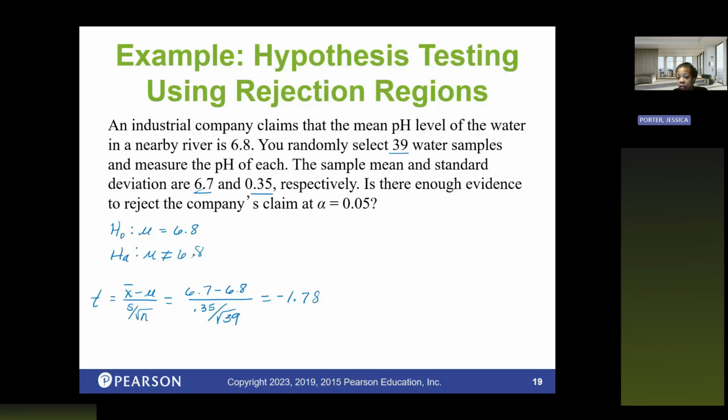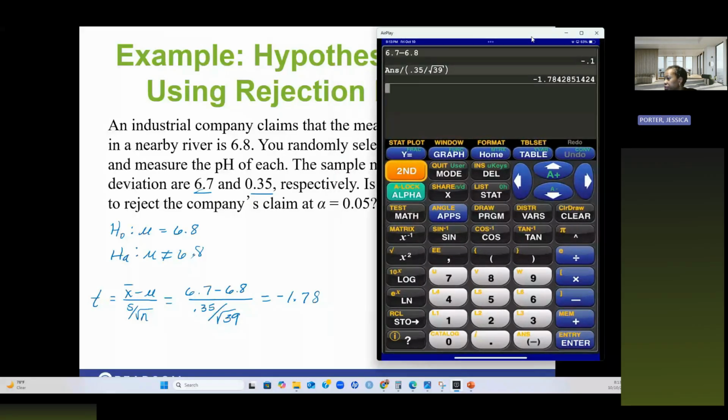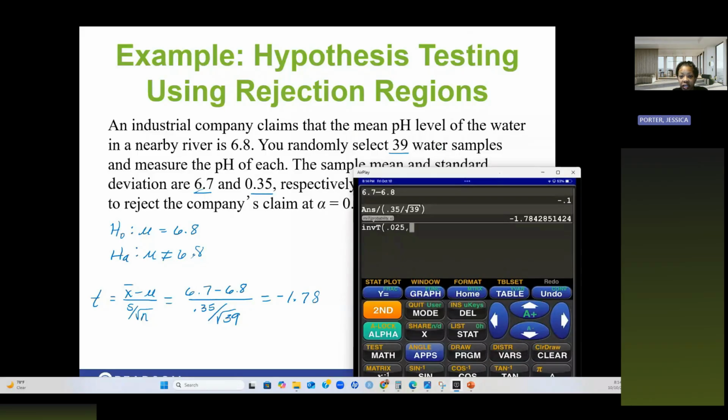Okay, and then put that in the calculator. 0.05, so 0.025, inverse T. What goes here?